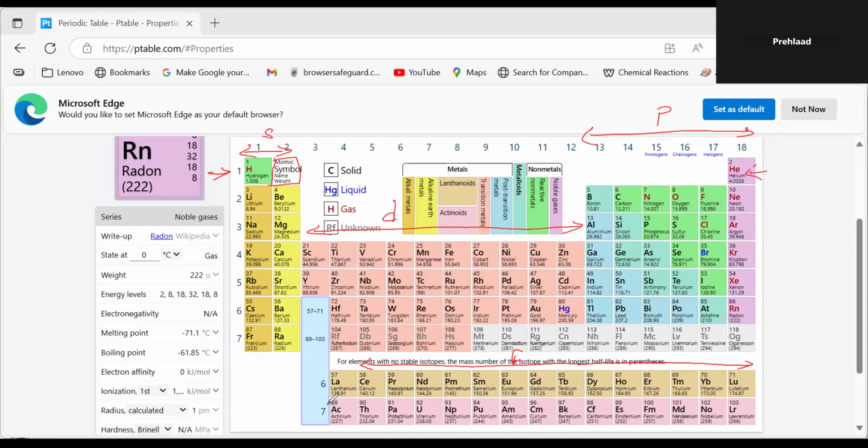Can you write this down? So the first two groups are s orbitals. Group 1 and 2, s orbital. Group 13 to 18, p orbital. Exception, helium.